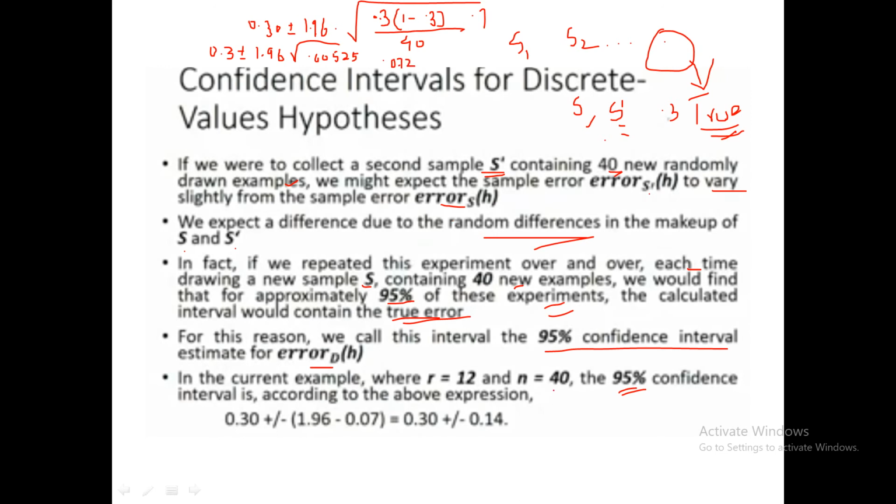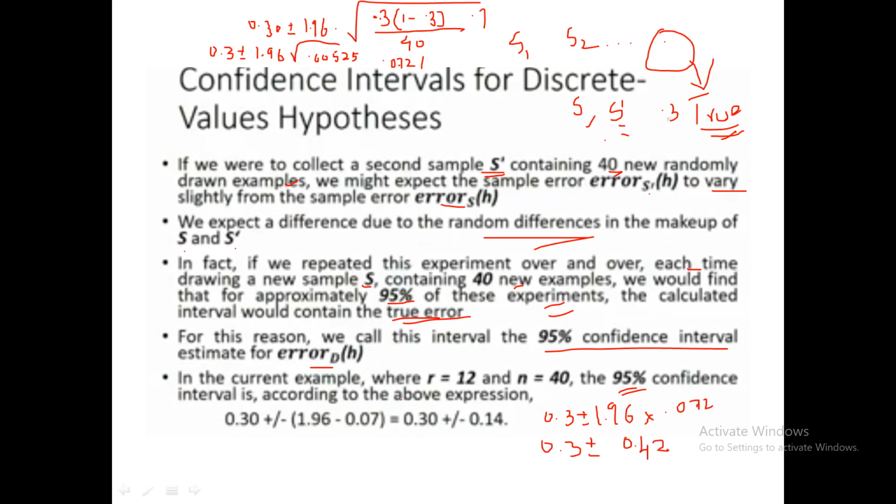So now your equation becomes 0.3 plus or minus how much? 1.96 into the final square root value, this one, 0.072, right? So this is further simplified to 0.3 plus or minus 1.96 into 0.072, which is 0.42.